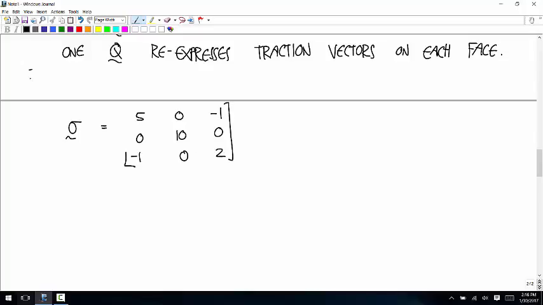Let's say this is megapascals. And the coordinate system for this one is that.